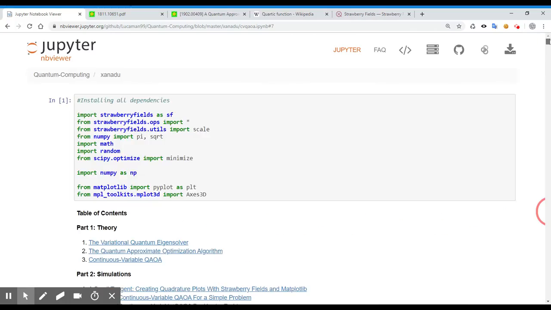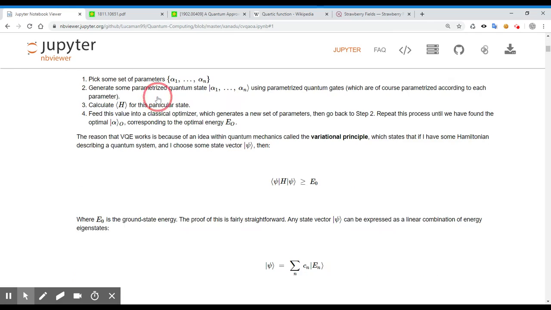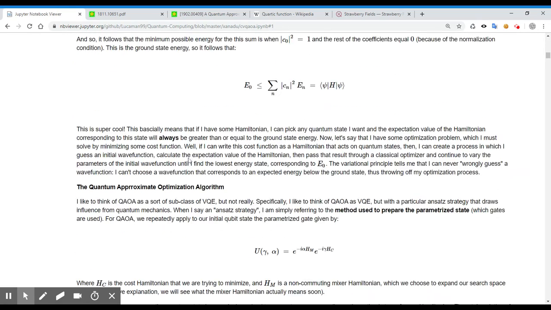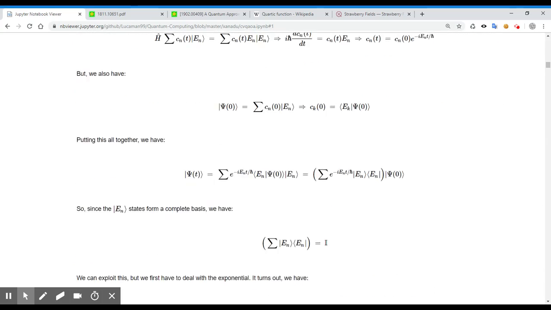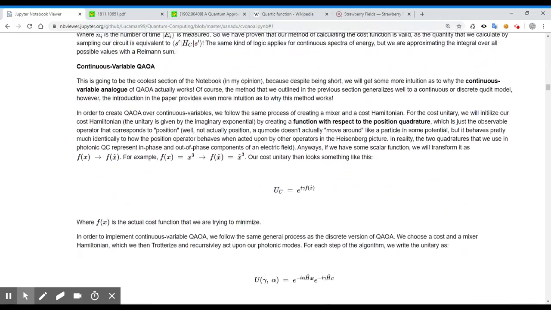Basically, there's this bit of introduction in here, sort of the theory.